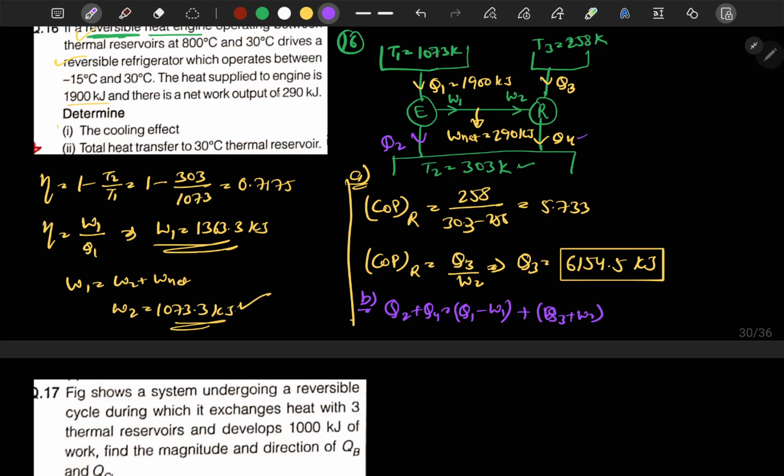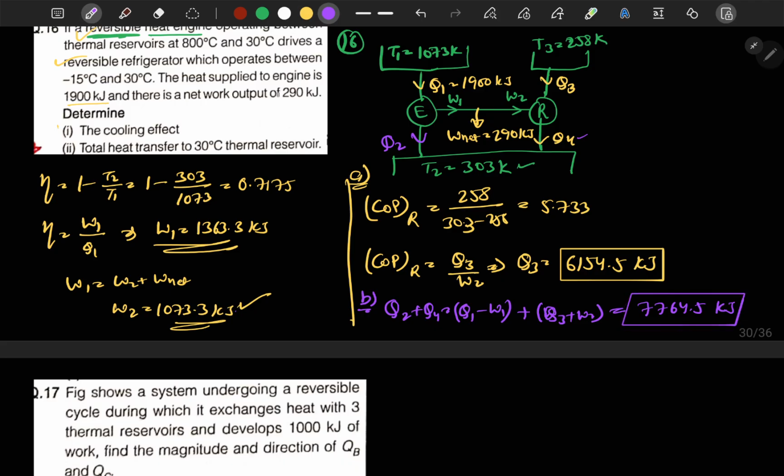So we can substitute all the values, and on solving this we get 7764.5 kilojoule. So we have completed question number 16.